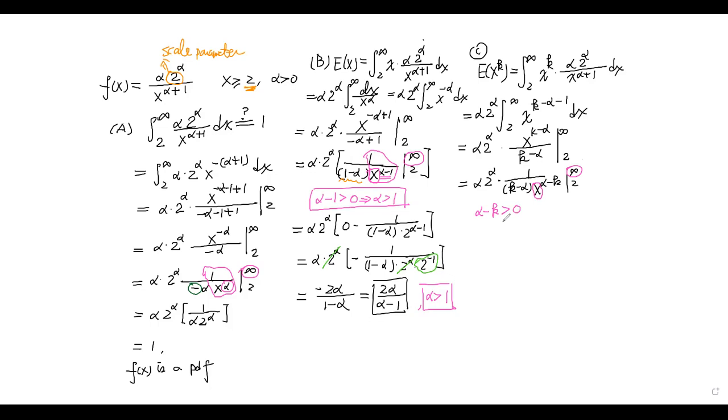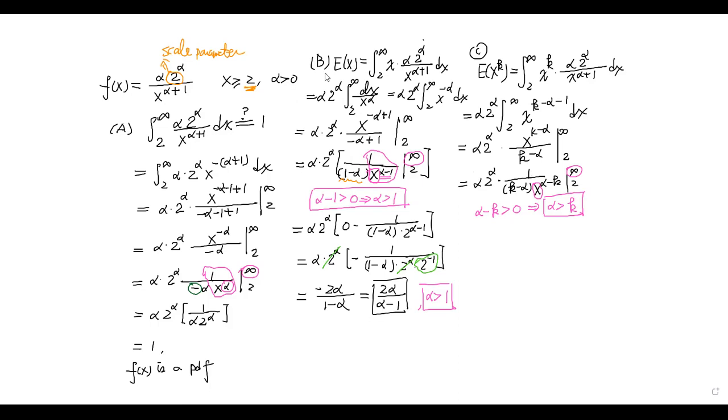Because if it is greater than 0, then as x approaches infinity, the power will be positive, so it's going to 0. So the denominator will become very, very large. So that's why I will have alpha greater than k. So for the k-th moments here, you need to be careful. Your parameter alpha has to be greater than k here, right?